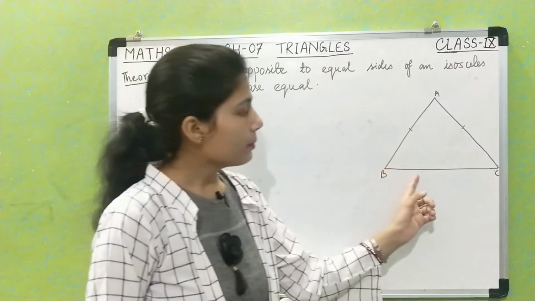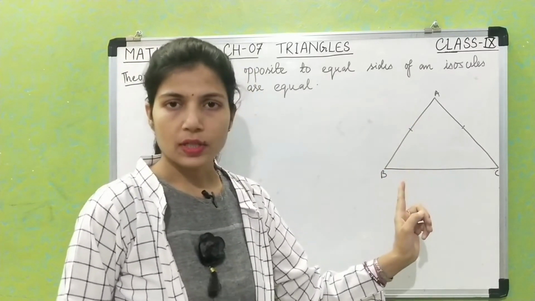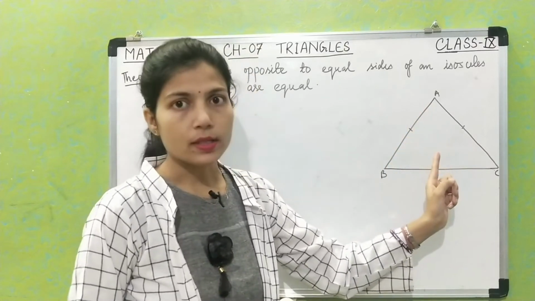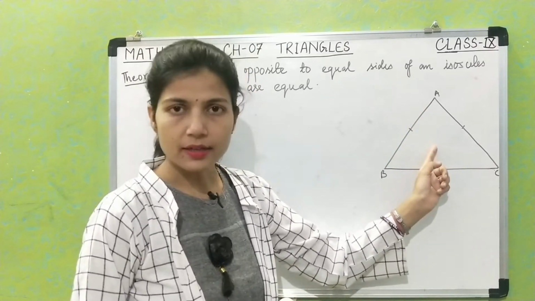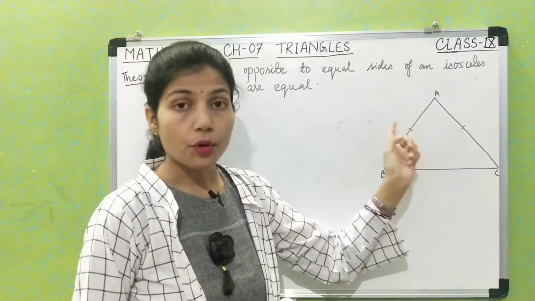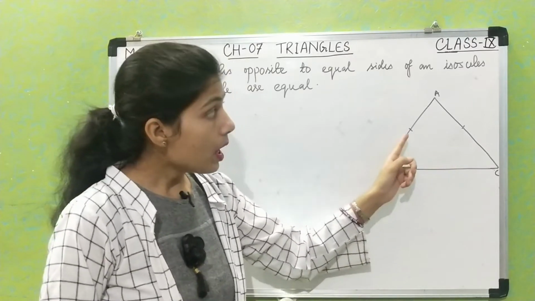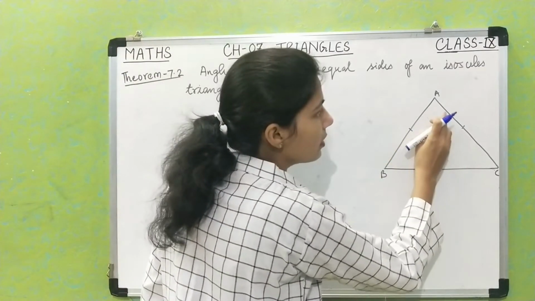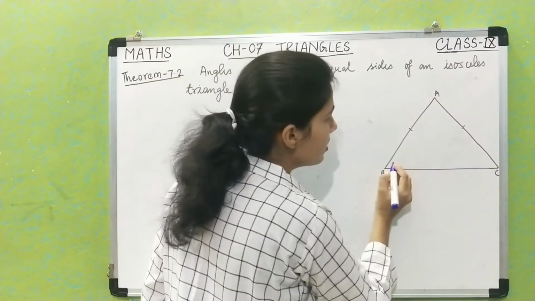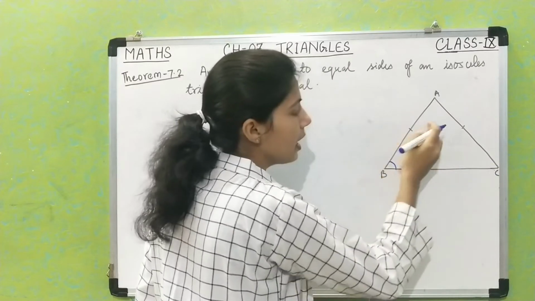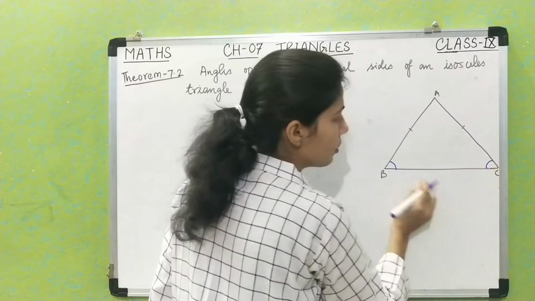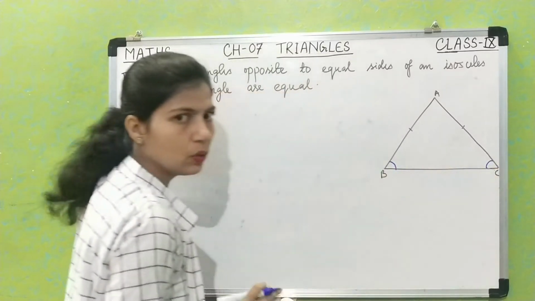Okay, here you can see ABC is an isosceles triangle because its AB and AC are equal sides. Okay, that is why this is an isosceles triangle. Now what we have to prove here, angles opposite to equal sides means the angle opposite to side AC is angle B and angle opposite to side AB is angle C. So these two angles are equal.